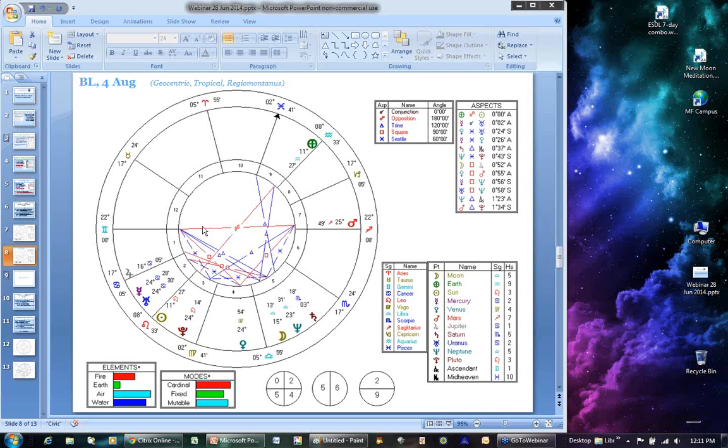The other thing is, even though this is a T-square, and it does play out significantly in my chart, you cannot divorce these 3 planets from everything else that interacts with them, from Pluto, from Neptune. They're all part and parcel.